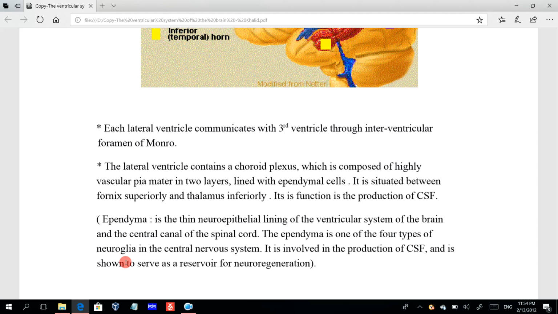Neuroglia are four types, one of them is the ependyma. This is a neuroepithelial. Ependyma is one of the four types of neuroglia in the central nervous system. It is involved in the production of cerebrospinal fluid and is shown to serve as a reservoir for neuroregeneration.